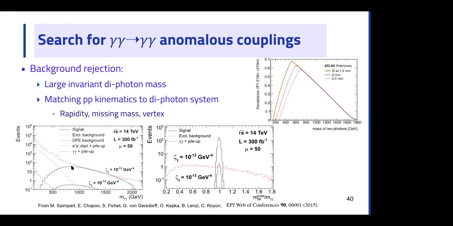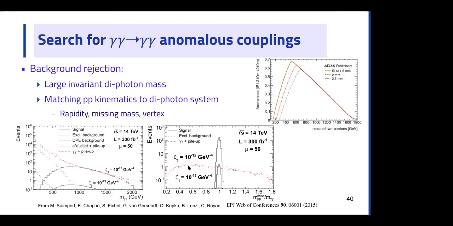Here we see, for instance, in the case of anomalous couplings, we would have very large invariant masses that start from 500 GeV and above, while the backgrounds are at low mass. Here we see also the acceptance of AFP. That depends on the beam optics and how close we get to the beam.